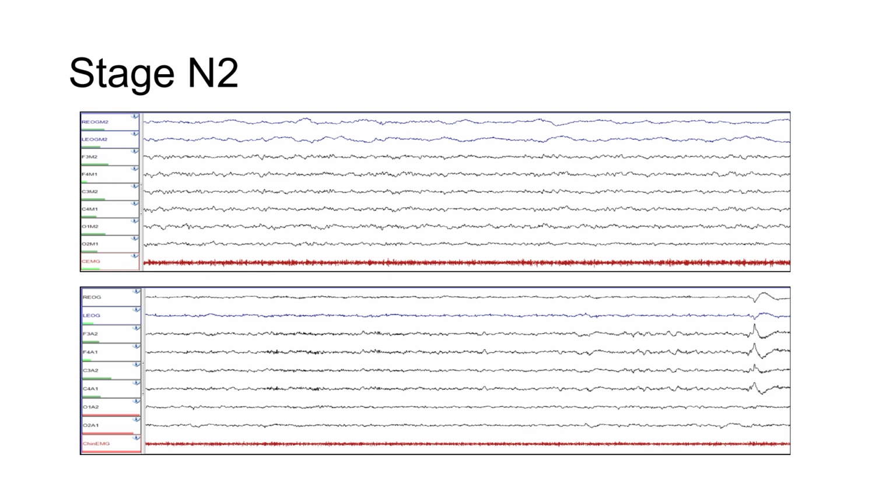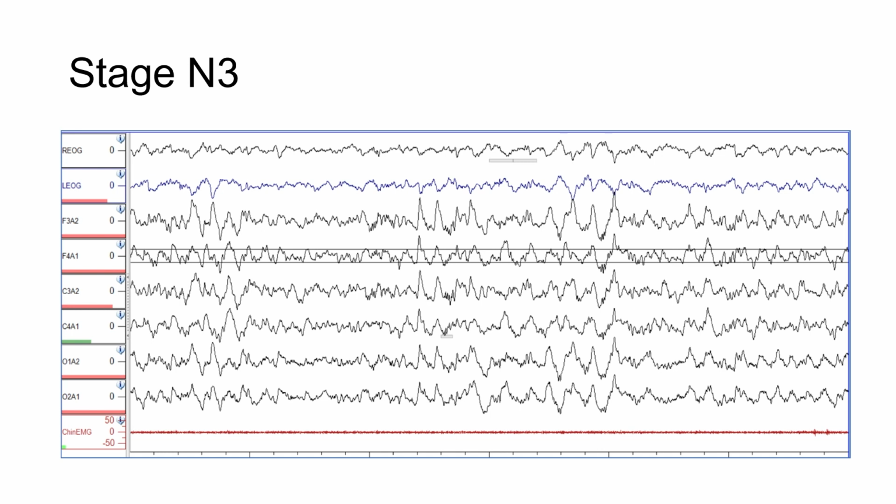When I enter this epoch, up until this point I have N1 stage. N2 is starting here only. This epoch will also be scored as N1 because the K complex is in the later part of the epoch, and this K complex will have an impact on the next epoch scoring.